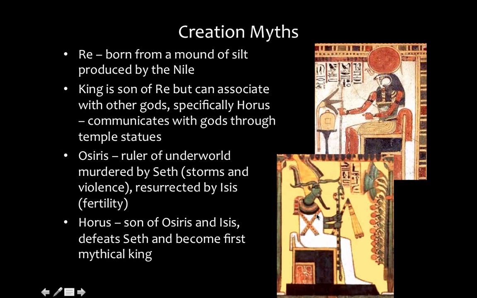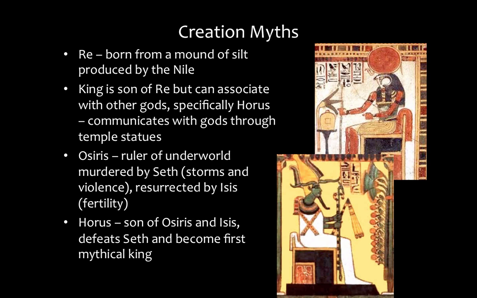Osiris, featured here, is the ruler of the underworld. And this story of Osiris is really interesting. He's murdered by Seth, who's the god of storms and violence. So he's murdered by Seth and dismembered, and all of his body parts are thrown into the Nile River. And his wife Isis, who is the goddess of fertility and rebirth, collects all of the pieces and puts them back together to resurrect him.